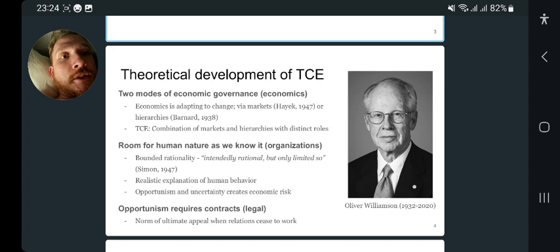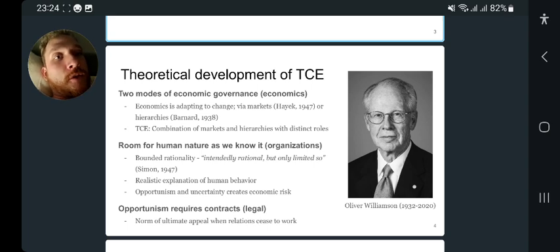So in the beginning of the 20th century, we had neoclassical economics with supply and demand, and perfectly rational humans with perfect knowledge of everything, including the desires and the value of all the different goods that they could purchase. And the purpose of economics was seen, and still is seen, as a problem of adapting to change. How can we adapt to change, and how can we do so efficiently?